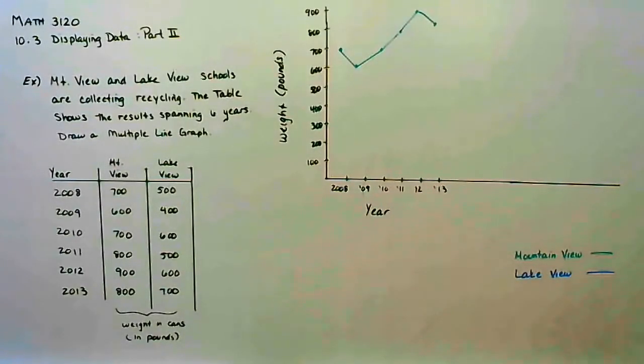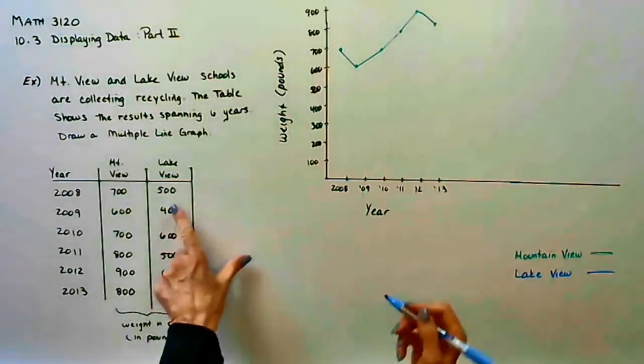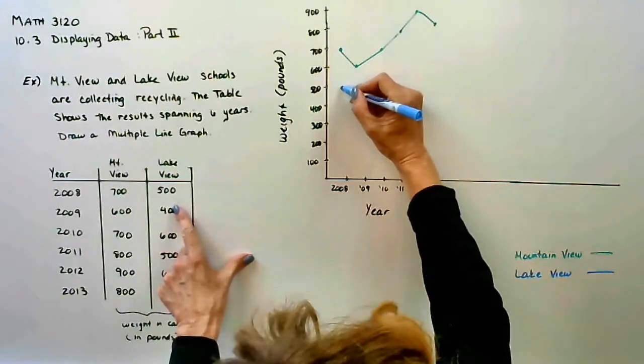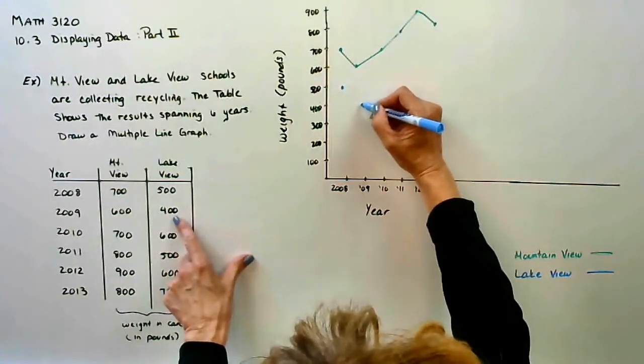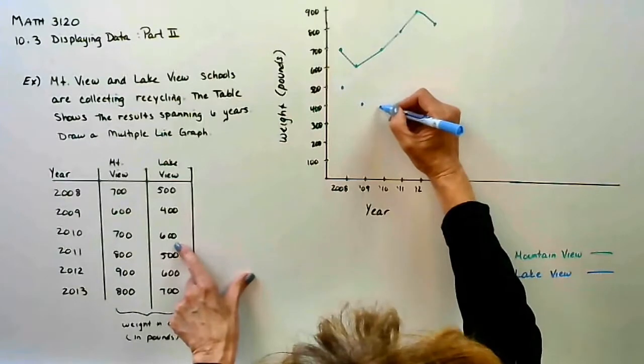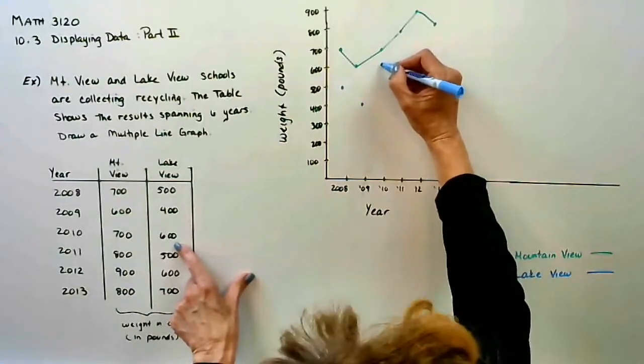And then again, since this is a line graph, we just connect each of these line segments from left to right. I'm going to freehand it now just to speed up the process. Okay, so there's our data, our line for Mountain View.